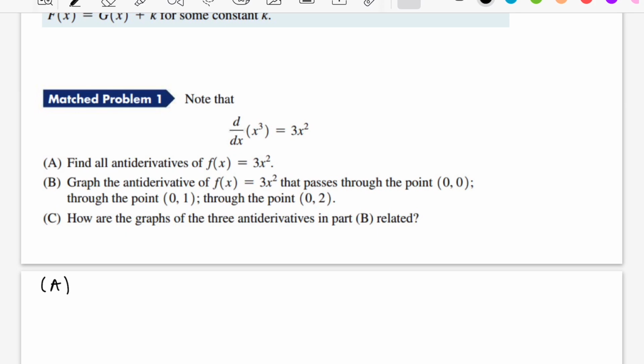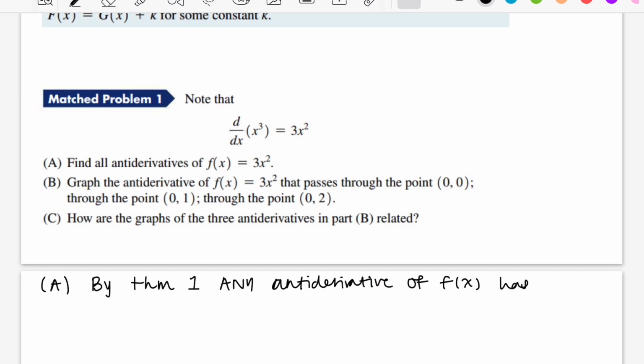Doing part A here, we know by the theorem we just looked at, theorem 1, any antiderivative of our function f of x will have the following form: x cubed plus c. So this expression here contains all of the antiderivatives of this function.